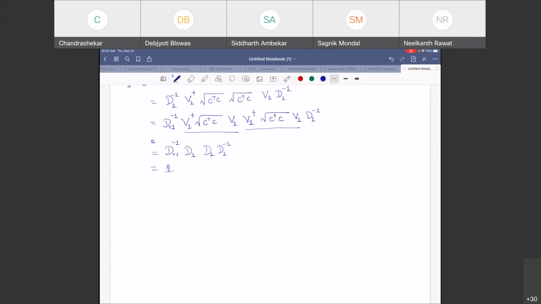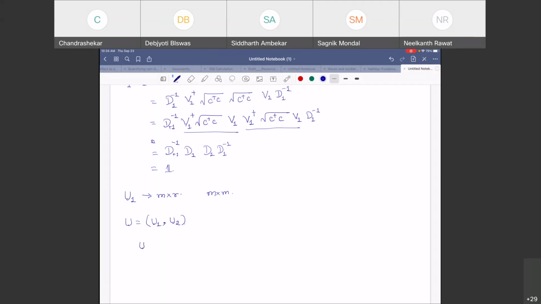Okay. Now U1 is an M cross R matrix, but we want an M cross M matrix. So we can add more rows to U1 to make it into an M cross M matrix, such that U is equal to U1, U2.